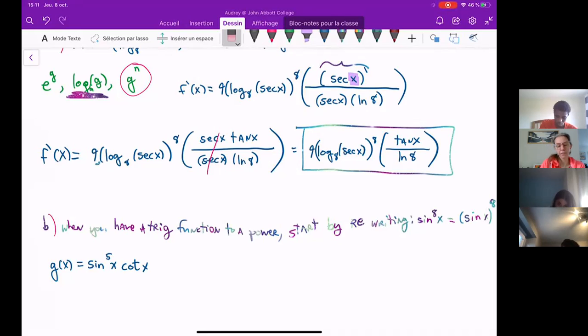So here I have sine to the 5th x cotangent x. And what we have above is telling us to rewrite this thing before I even think about my derivative, to move that 5 to the end and then write cotangent x, because that's going to help us identify the rules that I need to use.